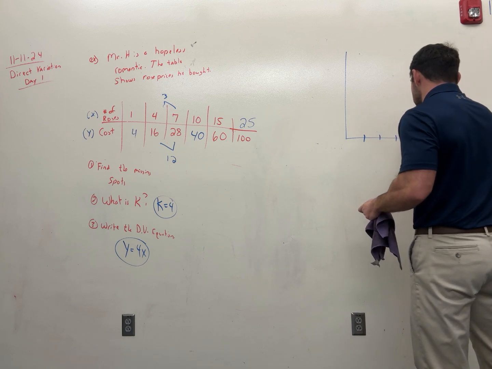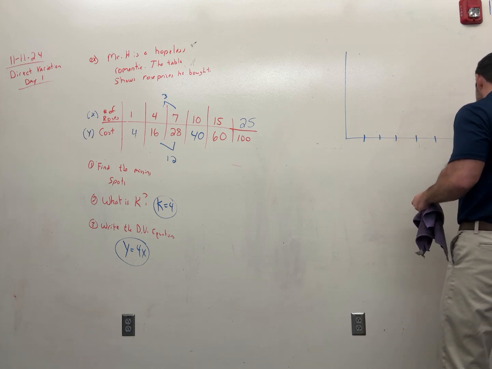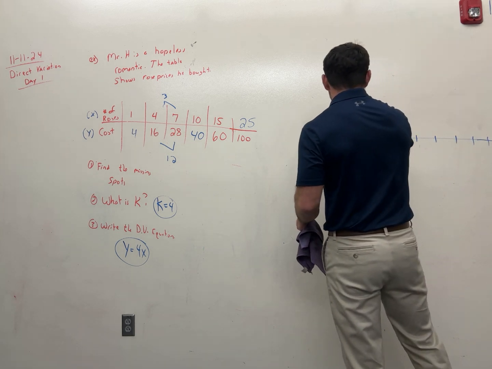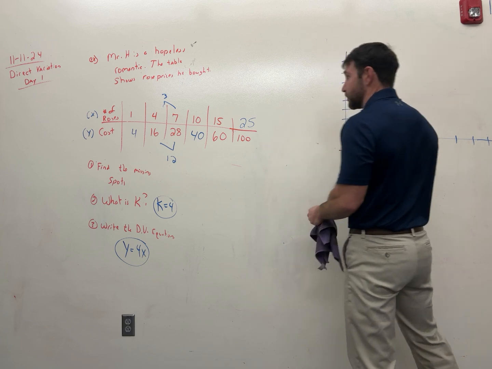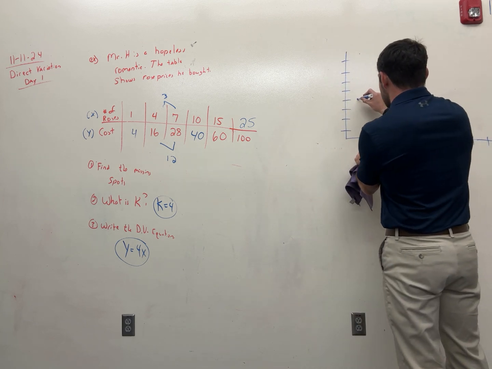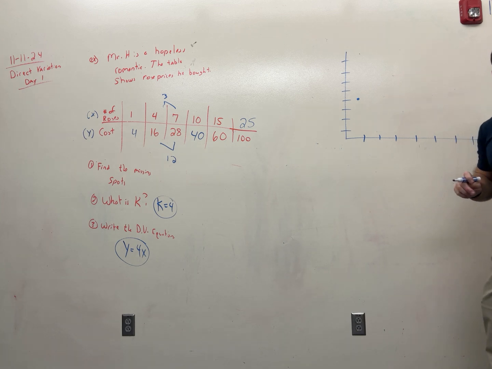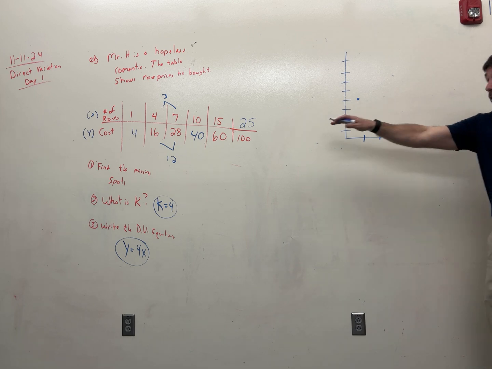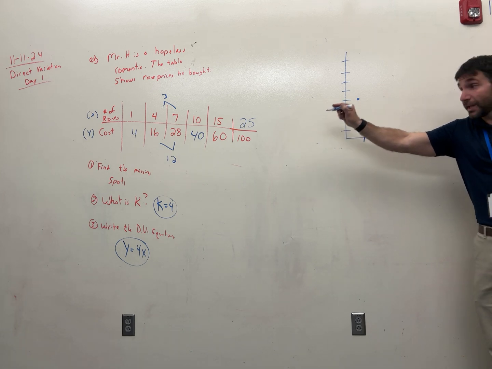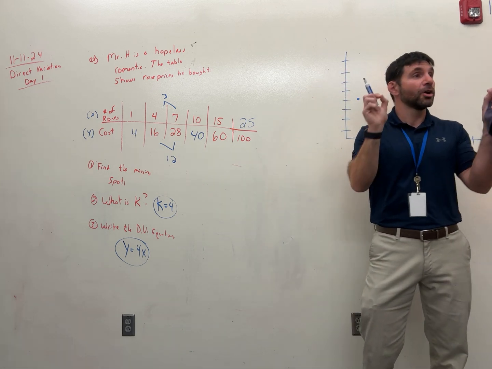1, 2, 3, 4, 5, 6, 7, 8. 1 rose, $4. Could I do 2? Why not? Because I can. How much does 2 roses cost? Oh, 8. Even though it's not in our table, we can find it out because it stays constant.